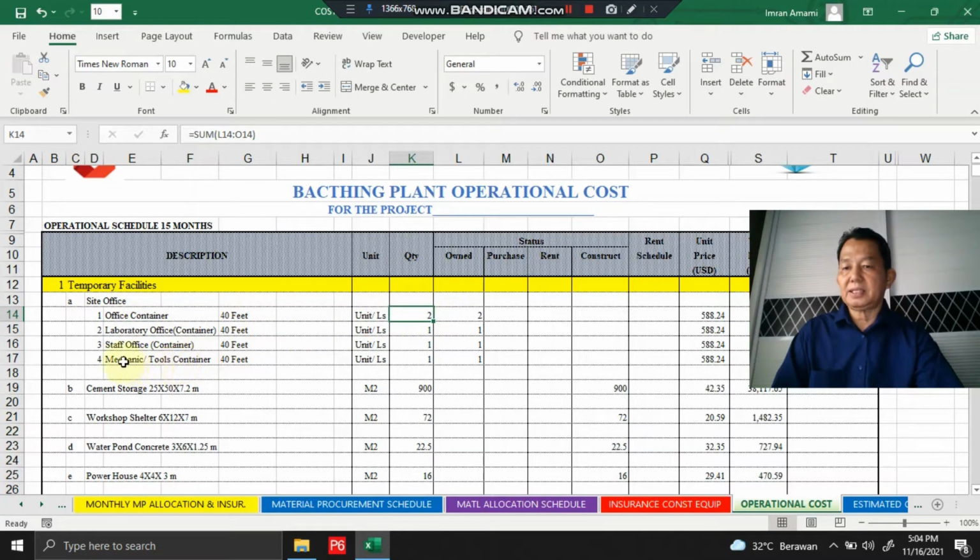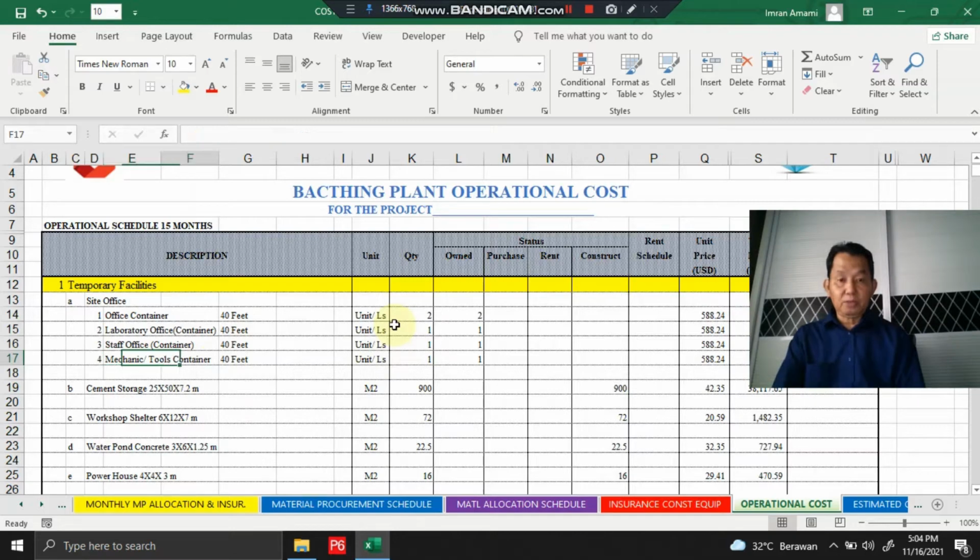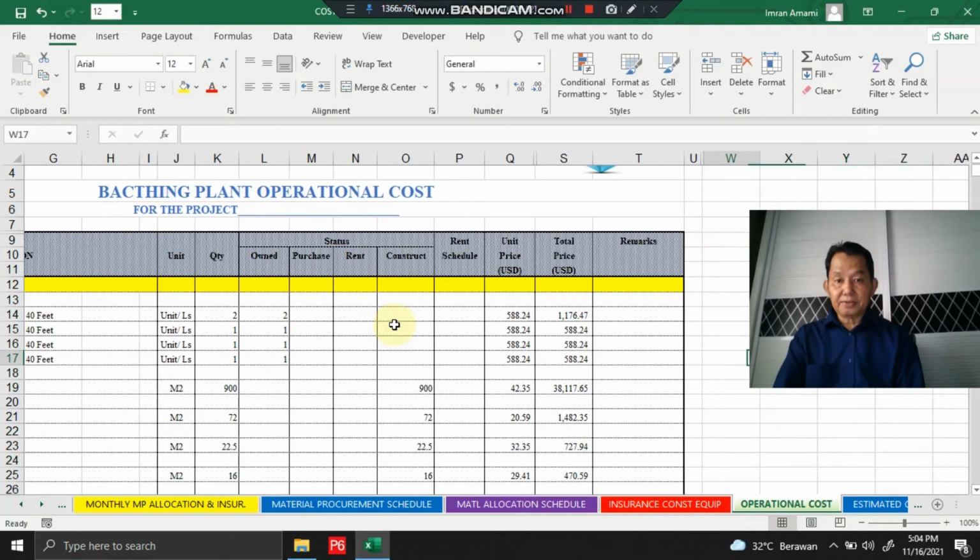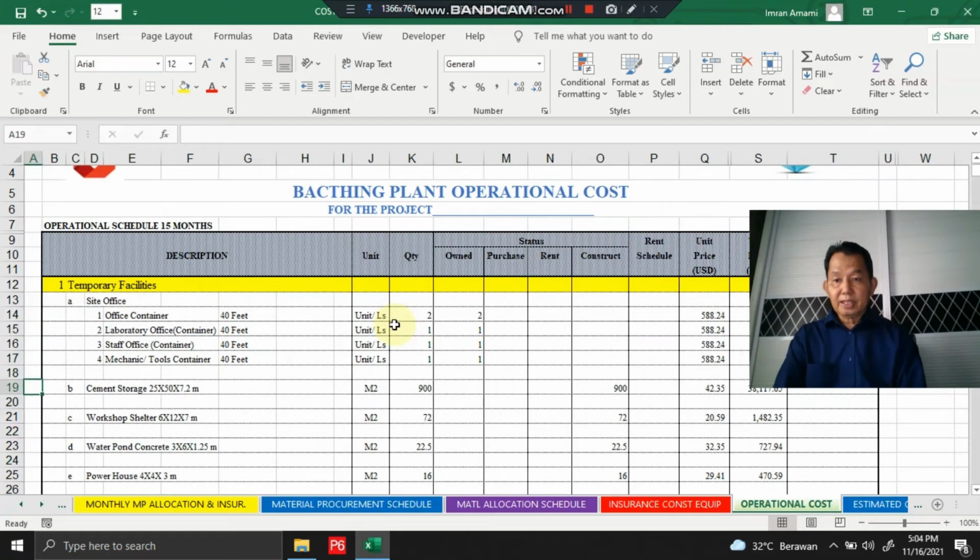and mechanics laboratory office container 40 feet 1 unit, staff office container 40 feet 1 unit, mechanic tool container 40 feet 1 unit. And this is the price estimation. Yeah, price estimation. Cement storage, construction for cement storage, and this is the estimated price.